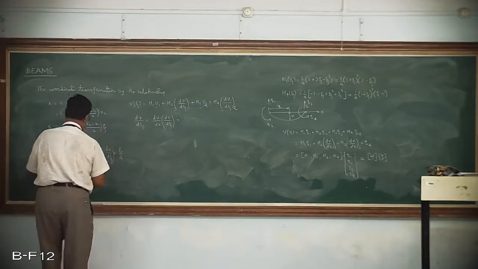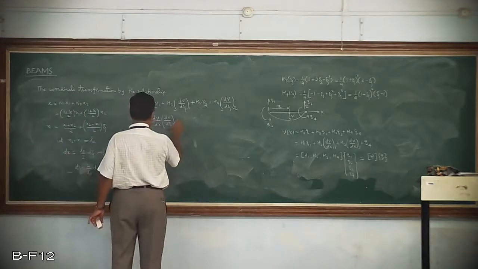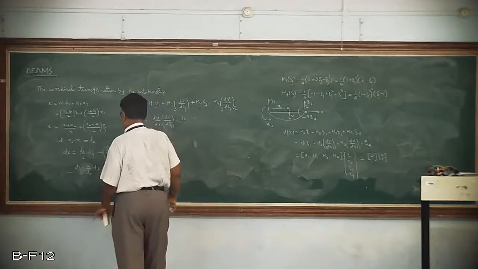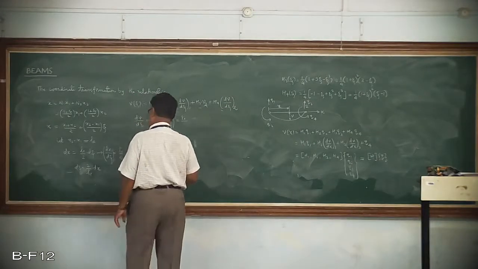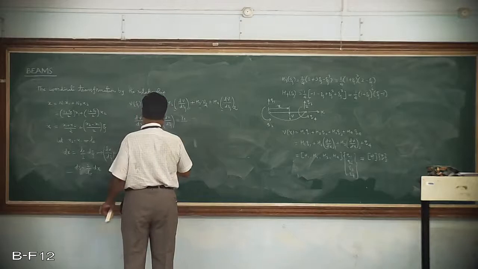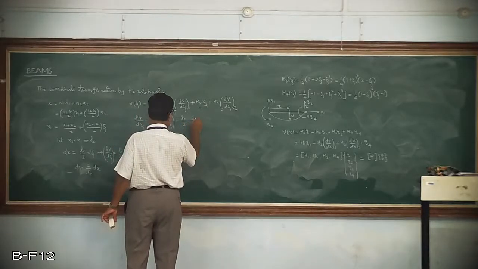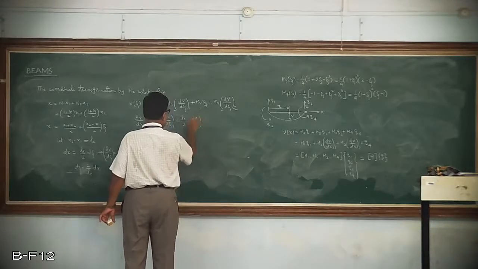If I put this into the chain equation, what will happen? dV by d zeta is equal to LE by 2 into dV by dx. Correct, exactly. This is what you will get.